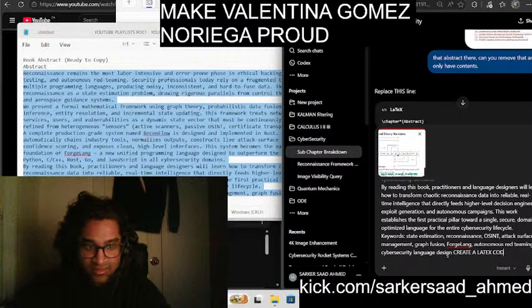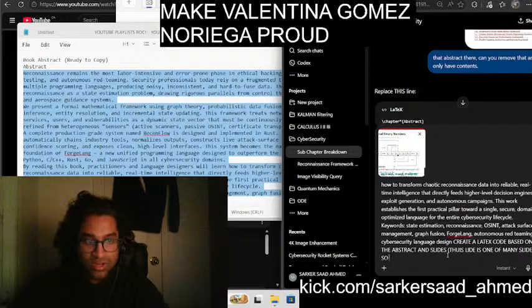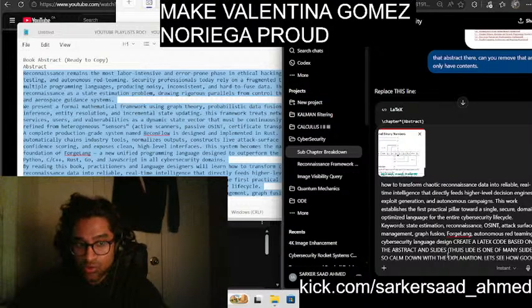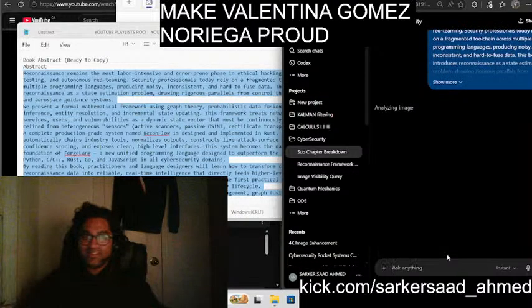Create a LaTeX code based on the abstract and slide. Now, remember, this slide is one of many slides. So calm down with the explanation. Let's see how good you are. It's a test.